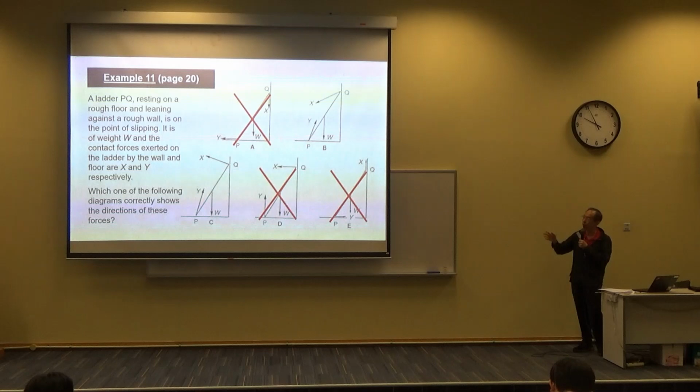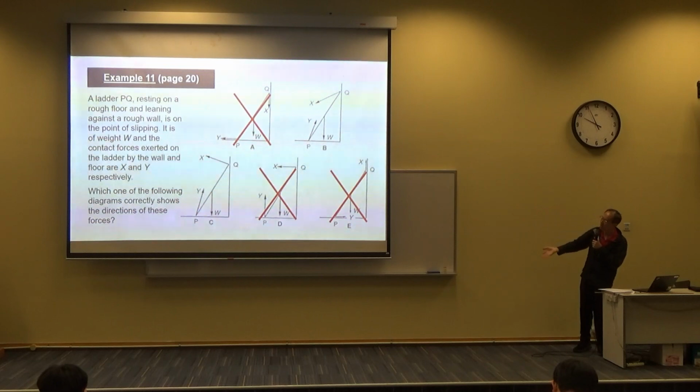So straight away, you ignore A, D and E, and you only look at B and C. This is good, because straight away, 60% of the question is done. I only have this 40% left to decide which one.